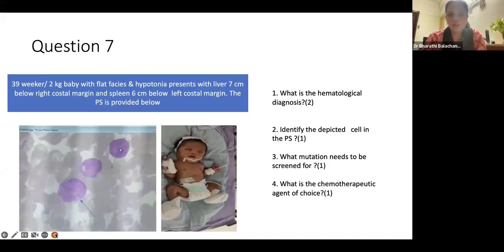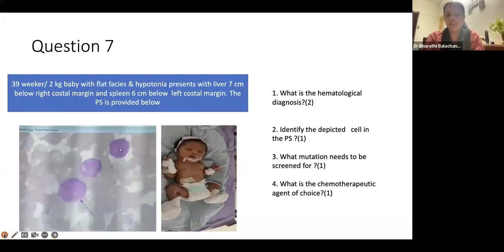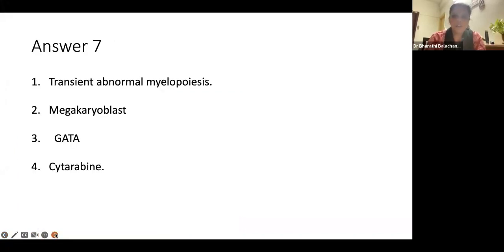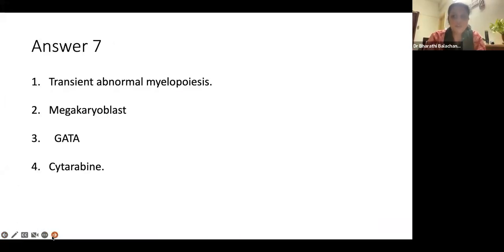So AML is more, in the sense, has poorer prognosis. Something which is milder is called TAM, or transient abnormal myelopoiesis, and the cell identified is megakaryoblast. What is a mutation you would screen for, and what is the chemotherapy of choice? The mutation we would screen for is called GATA mutation.